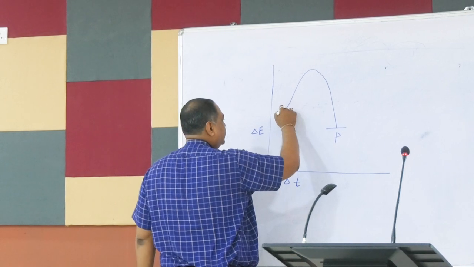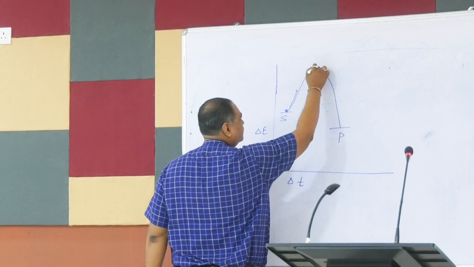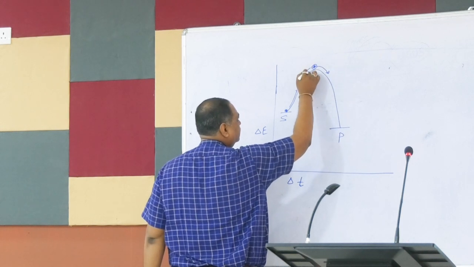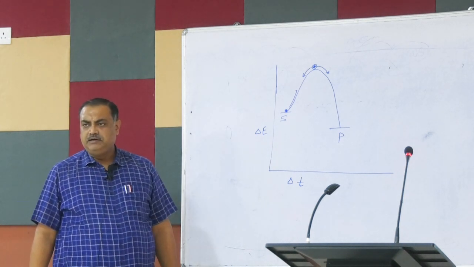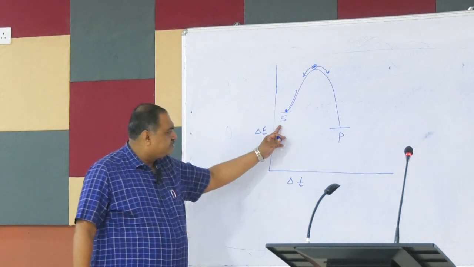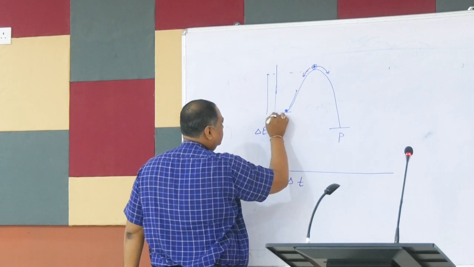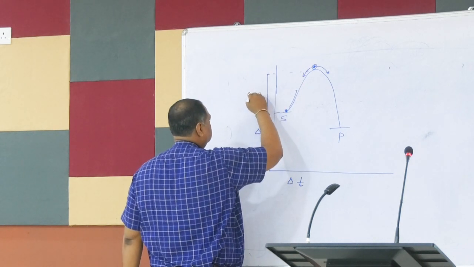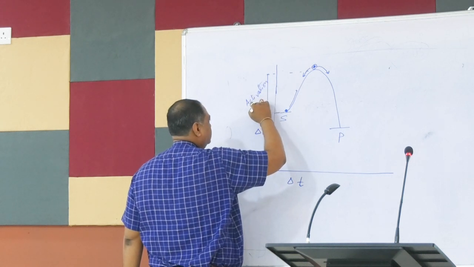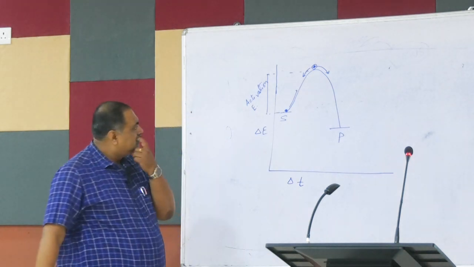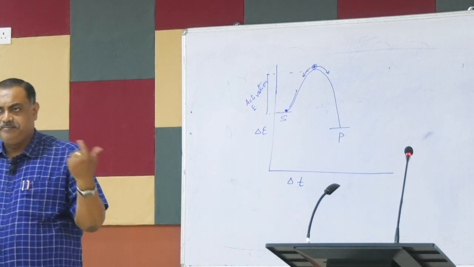So the substrate will reach from here to here, and then at the topmost point of the mountain, there is the energy required for conversion of substrate to product. This energy is called activation energy. Now this energy should be provided from outside the system.